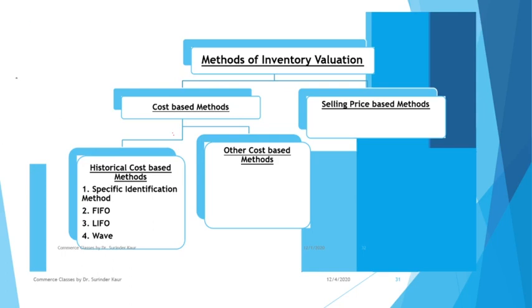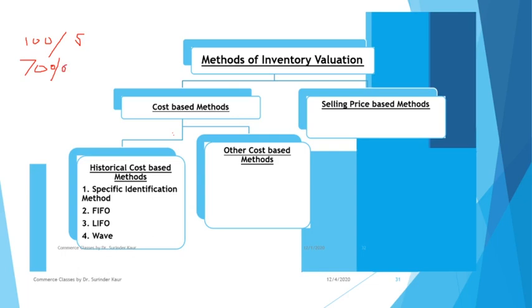For example, say you have purchased 100 units at a price of 5 rupees. You purchased another lot of, say, 700 units at a price of, say, 6 rupees.